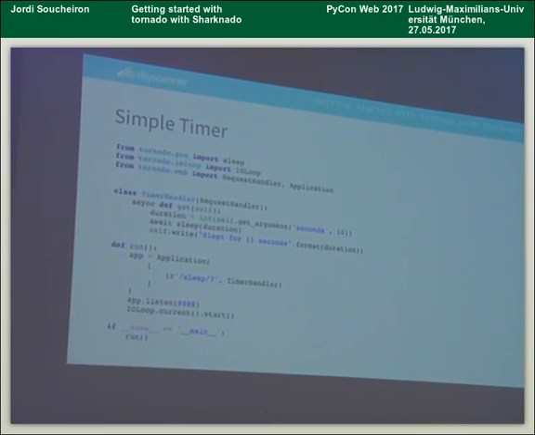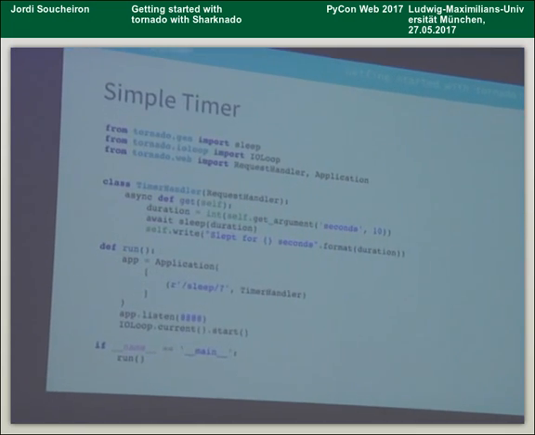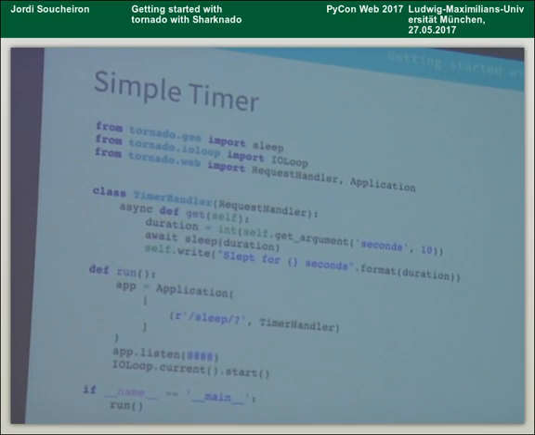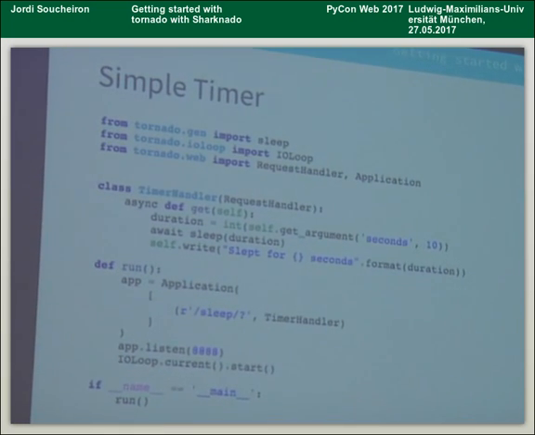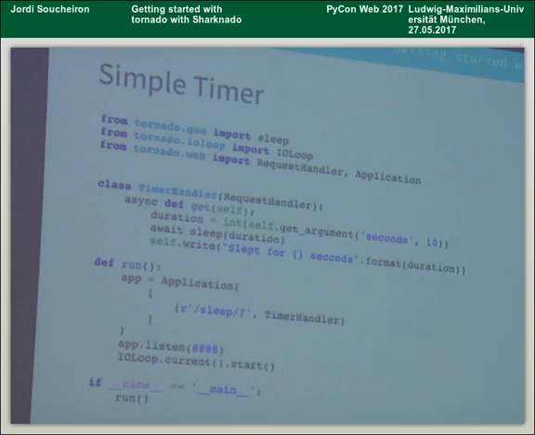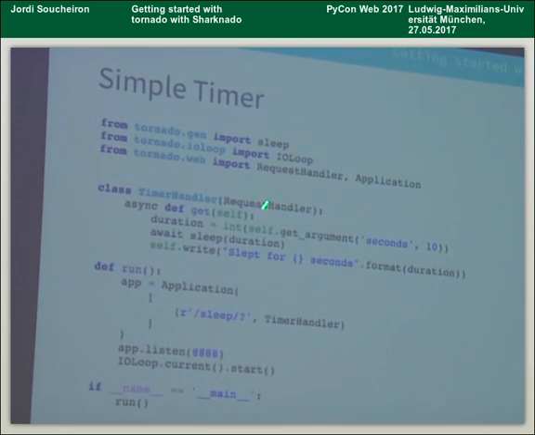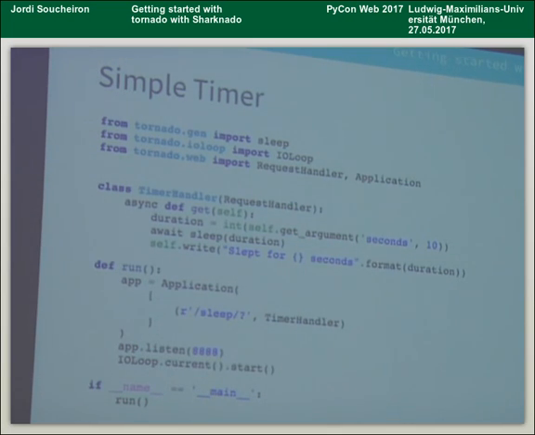Very simple again. In this case, what we're doing is just waiting for n seconds, where n is 10, or a parameter that our client has sent. So how do we do that? We have this Tornado method, get argument, that will give us the value from an argument called seconds.